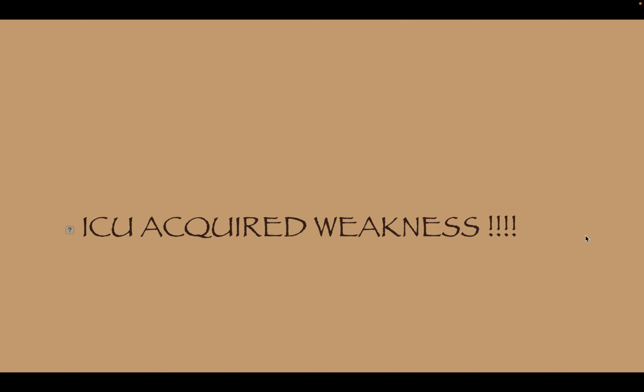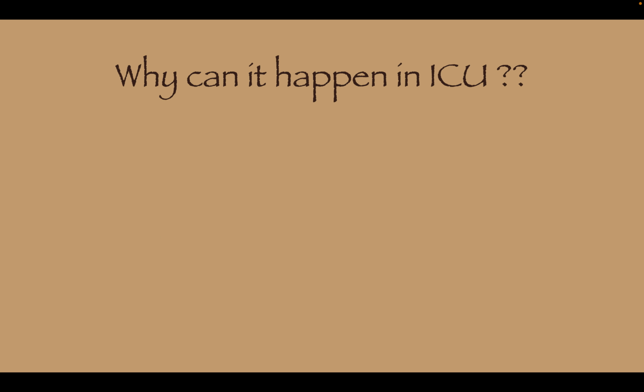And again, as usual, I will divide it into different parts of various short videos. So, let's start and look at this very important point as to why it happens in ICU.